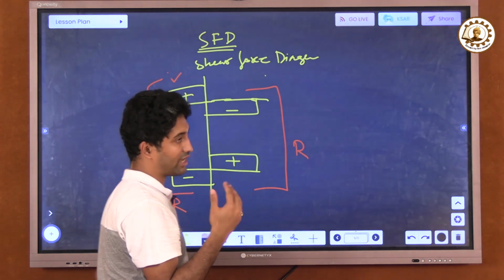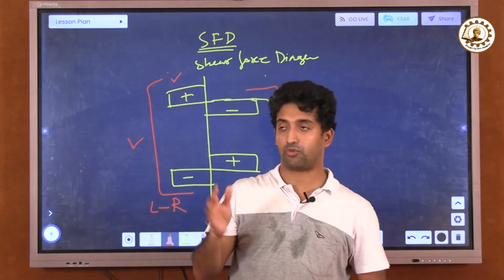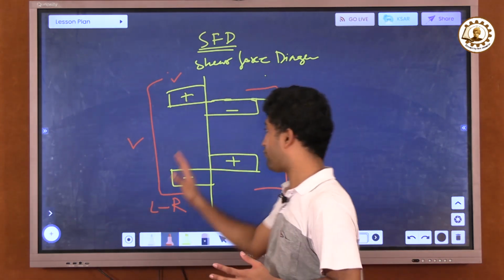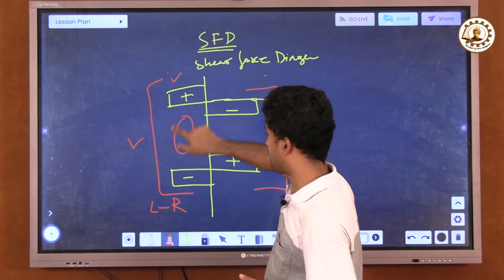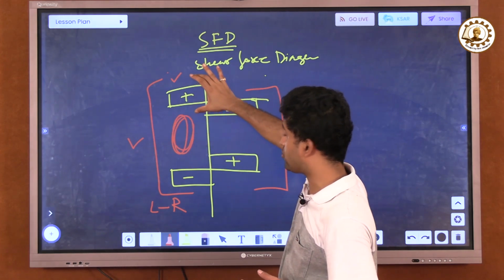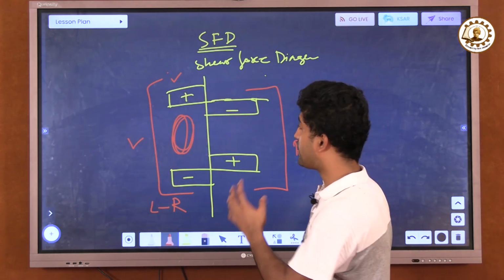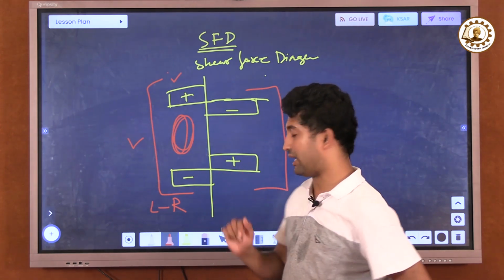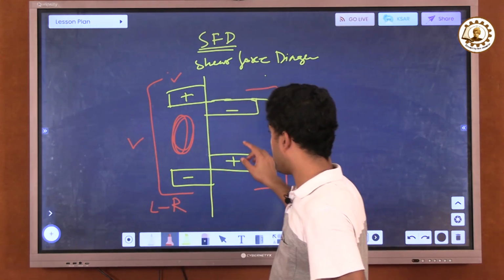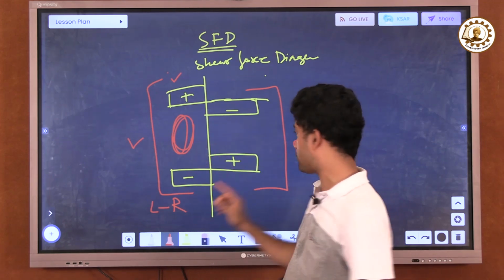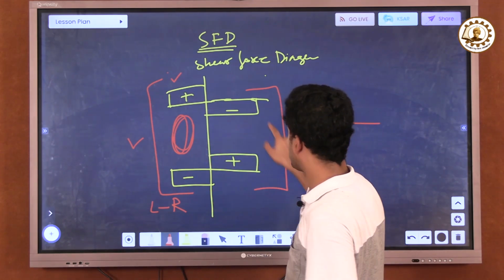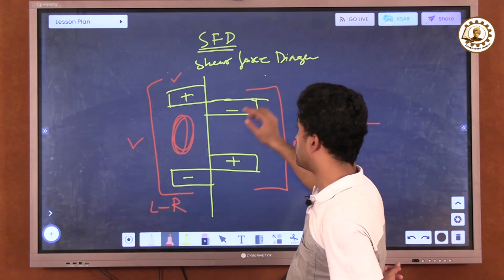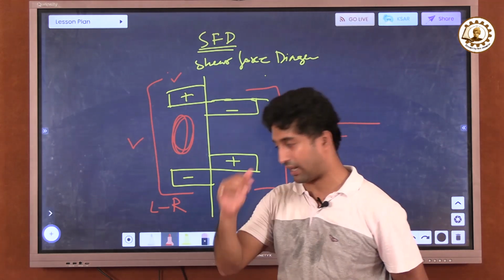That means if you are calculating the beam from left to right side, you have to consider this zone, because this zone will help you understand how the shear force is acting on that point. Similarly, if you are calculating from the right side, this will actually help to understand which will be positive and which will be negative.